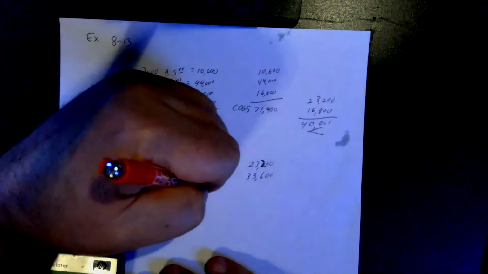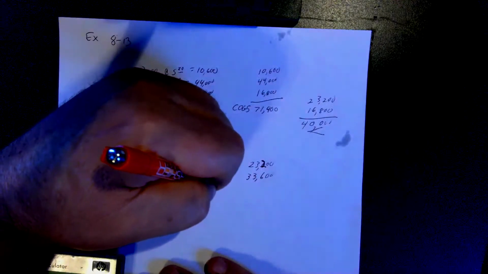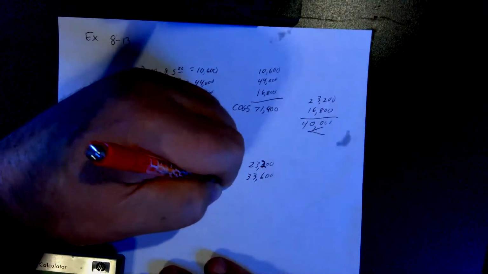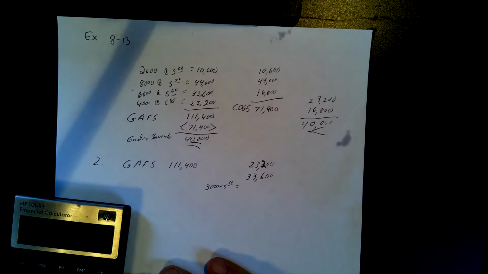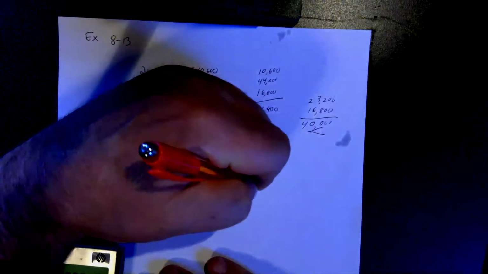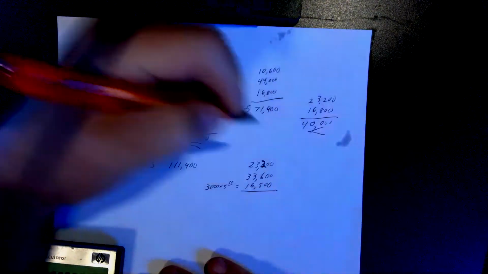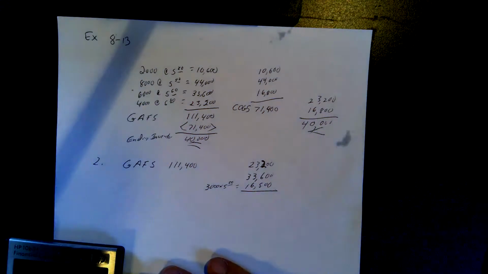So 3,000 times 5.50. And that's 16,500. Add those all up.